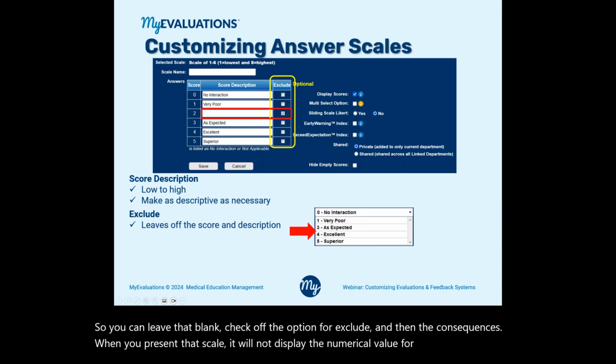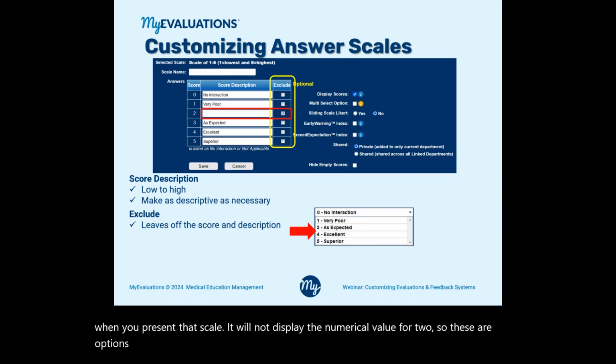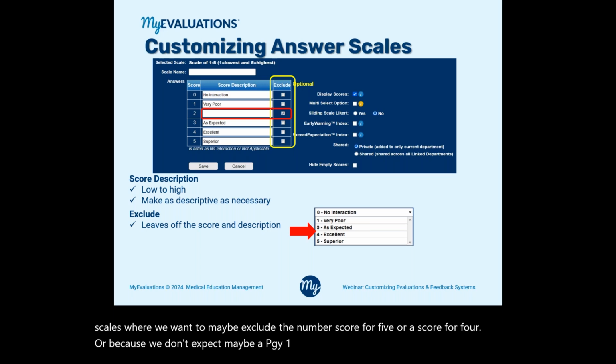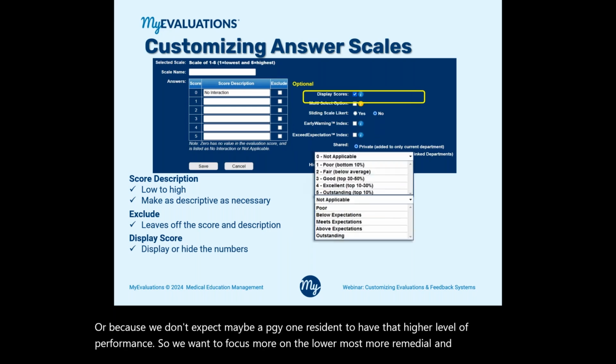So these are options of how to exclude a particular level. We sometimes will use this for PGY specific scales, where we want to maybe exclude a score of 5 or a score of 4, because we don't expect a PGY1 resident to have that higher level of performance. So we want to focus more on the lower, more remedial and competency based performance.